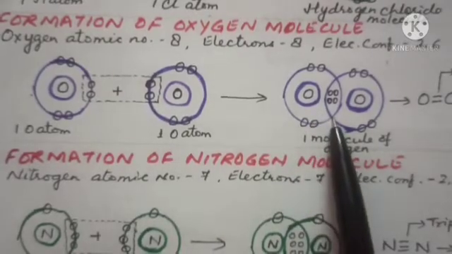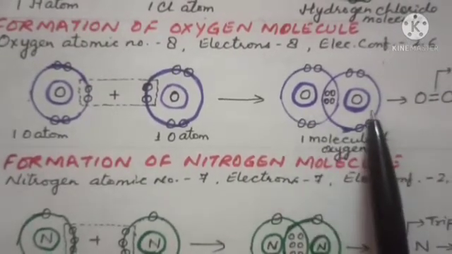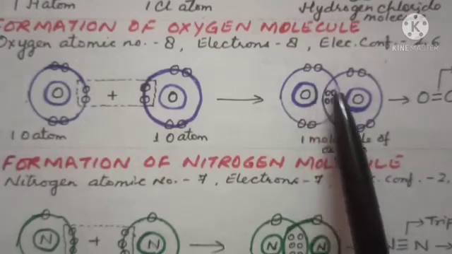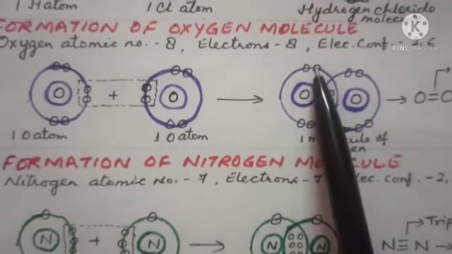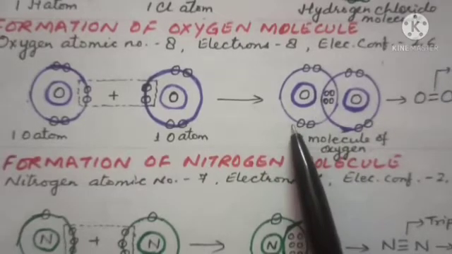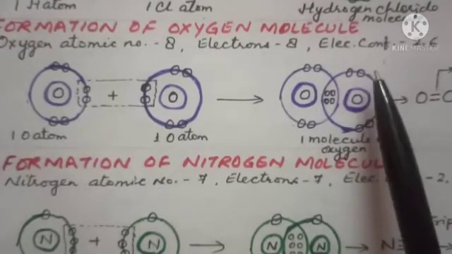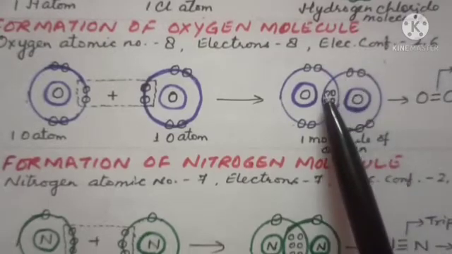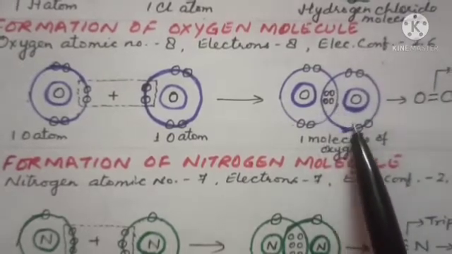Now here just see, both atoms of oxygen have 8 electrons now: 1, 2, 3, 4, 5, 6, 7 and 8. And this atom of oxygen also has 8 electrons: 1, 2, 3, 4, 5, 6, 7 and 8.